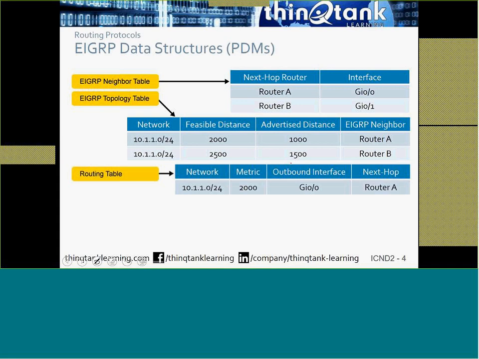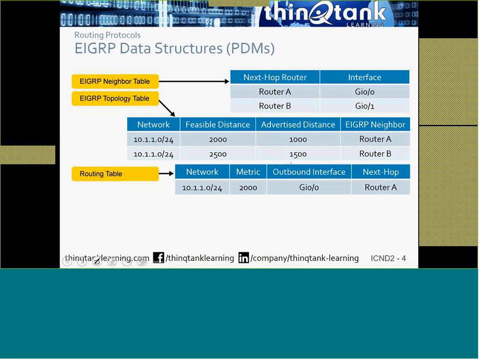Everything that I'm learning from every neighbor, including all the stuff that I may not use, right? So in the case of EIGRP, what goes into the topology table are successor routes, which we'll learn about, feasible successor routes, which we'll learn about, and the third type of route, which is a route that doesn't qualify as a successor or feasible successor, which would be the routes that potentially could be loops in the network.